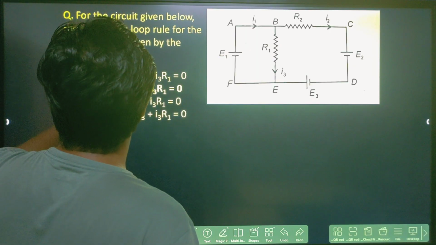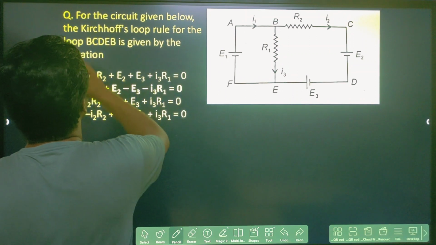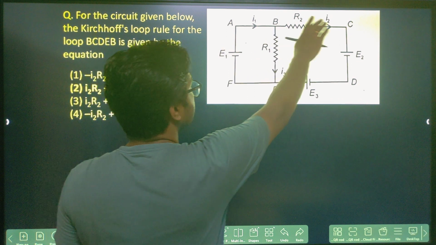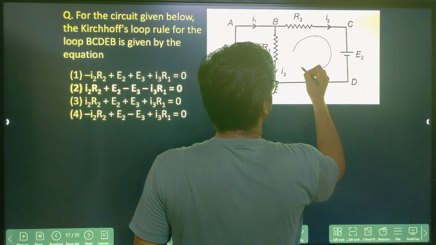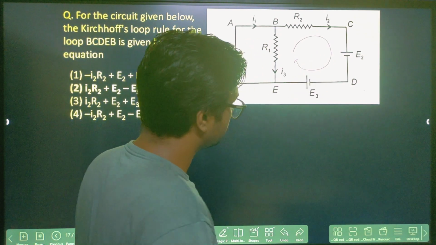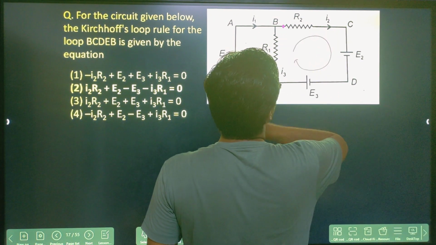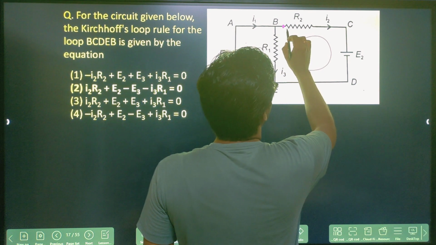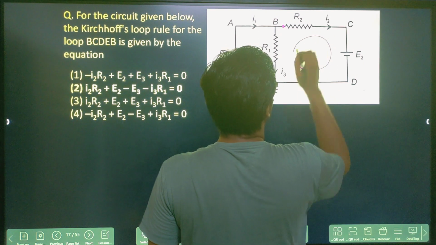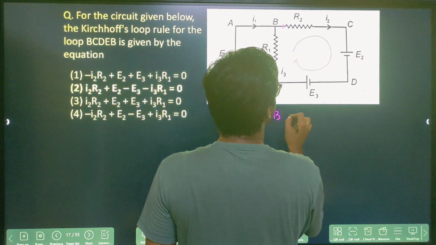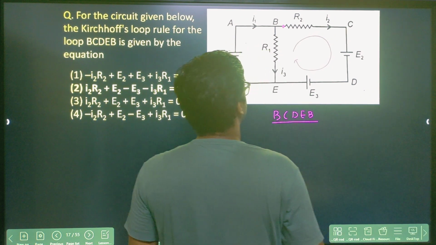For the circuit given below, the Kirchhoff's loop rule for the loop BCDEB is given by the equation. Let's take the loop like this. If I2 current is flowing, I am starting from this point, moving along the direction of the current through the resistor, for this loop BCDEB.